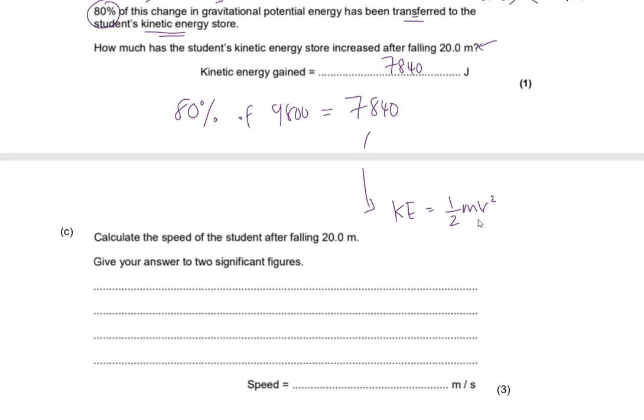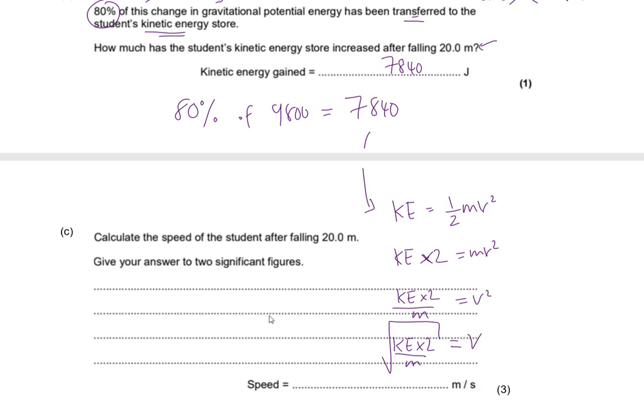So we need to rearrange this first. So the half here goes on the other side, becomes 2. Okay, so times 2. The m we divide by m, v squared equals 2 times energy divided by m, and the whole thing must be square root, and then we get v.